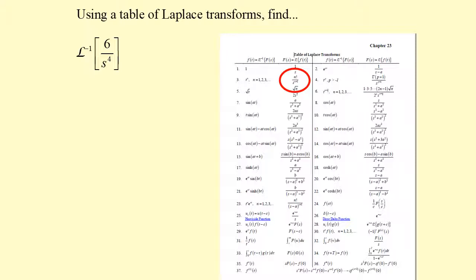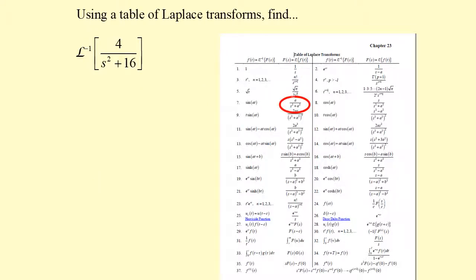So s to the n plus 1 implies that n would be a 3. If n were a 3, then n factorial would indeed be a 6. So everything matches up for this to be t to the third.